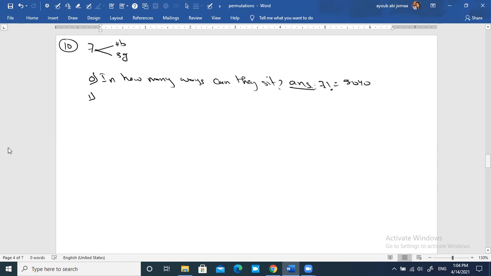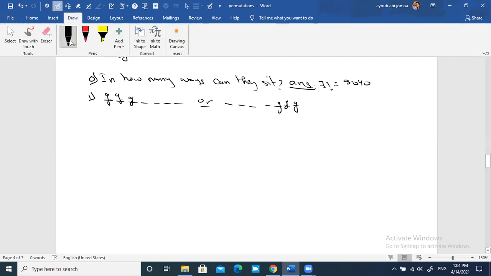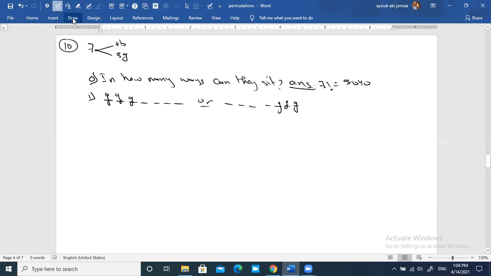The boys next to each other and the girls next to each other. أستاذ هون عنا 2 cases. يا بدهم يقعدوا على هالملعب أو هالملعب. صح. بالعكس. يا بيقعدوا هون الجيرلز or بيقعدوا هون الجيرلز والباقي بويز. ما في احتمالات غير هيك.